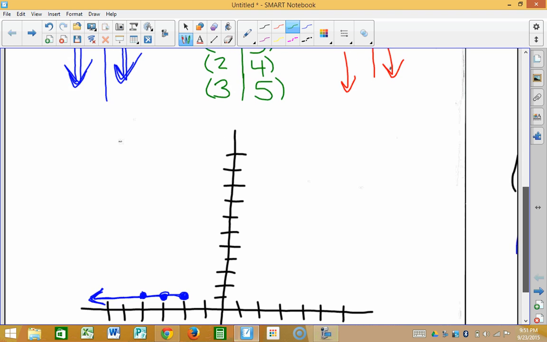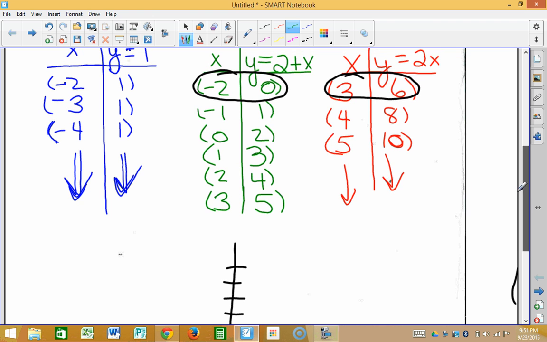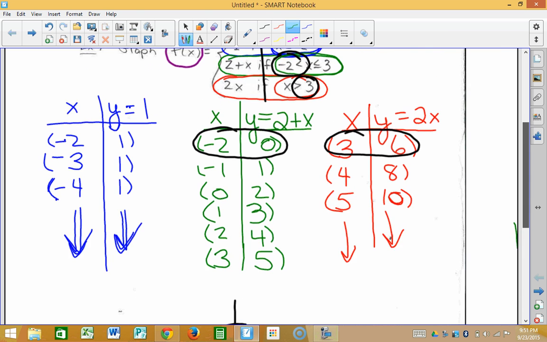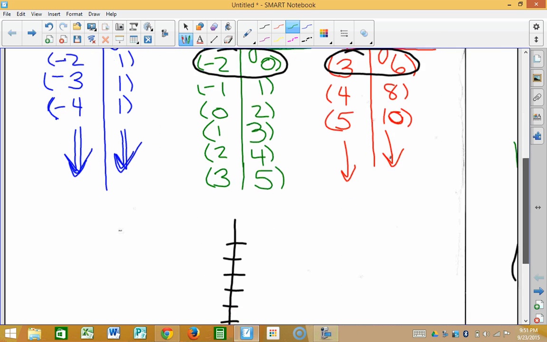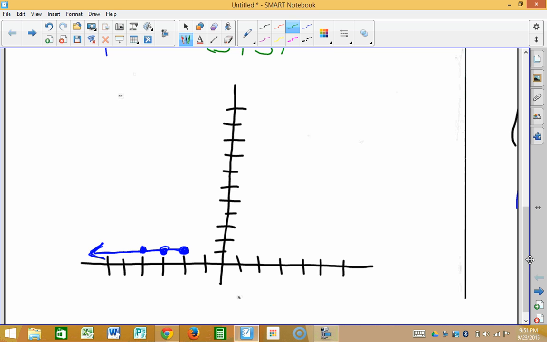Okay, so now the green. So open dot on -2, 0. It's going to be the only open dot, -2, 0, open. All the rest will be solid.